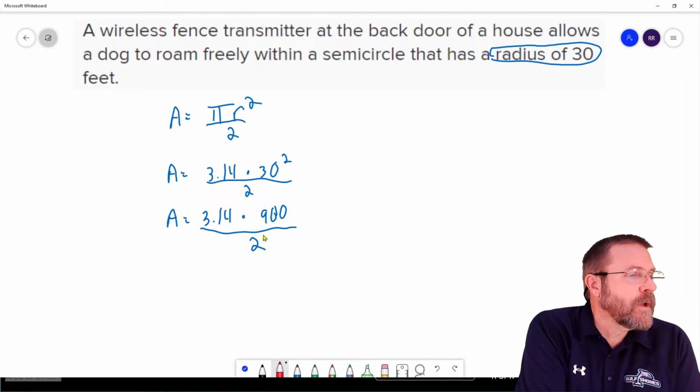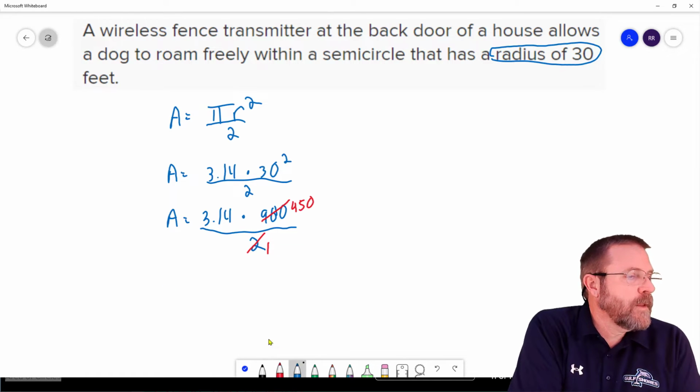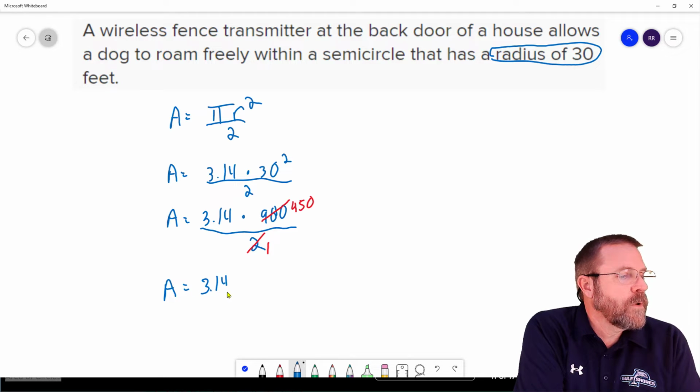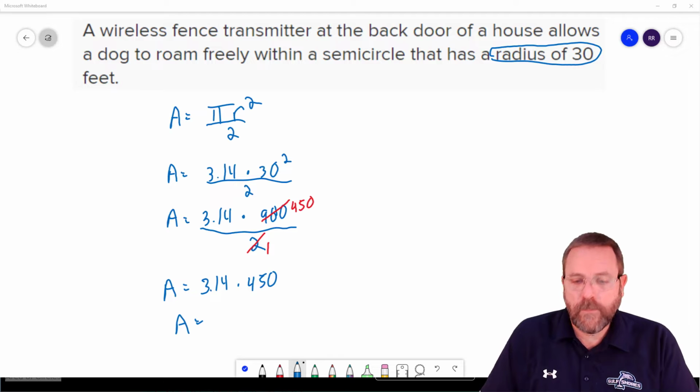I'm going to simplify here. I'm going to say 2 goes into 2 once, and 2 goes into 900 450 times. And now what does that leave me? That leaves me with area is equal to 3.14 times 450. Now, like I've told you before, I am going to allow you to use a calculator on this lesson.